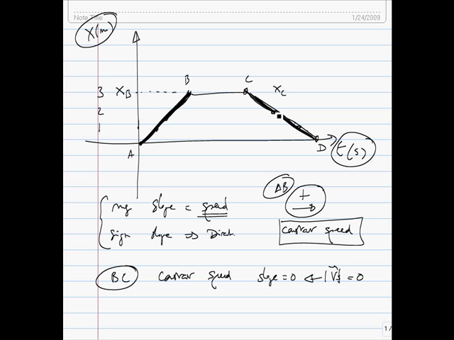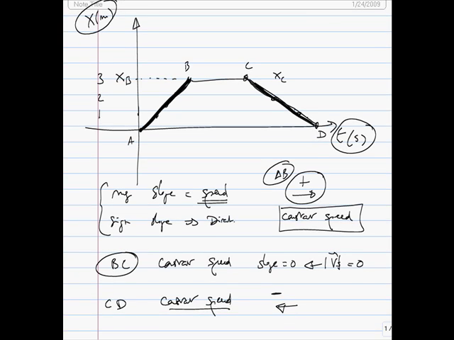And I notice that the slope between C and D is unique because this function is a line. Therefore, I can deduce that this is a constant speed. So I'm changing position with a constant speed between C and D in the negative direction, which can be confirmed by using the mathematics again.